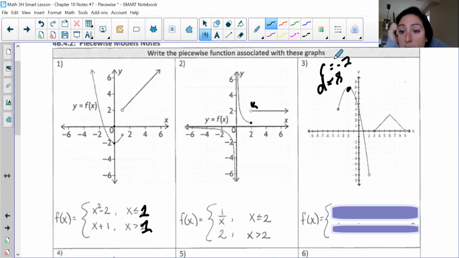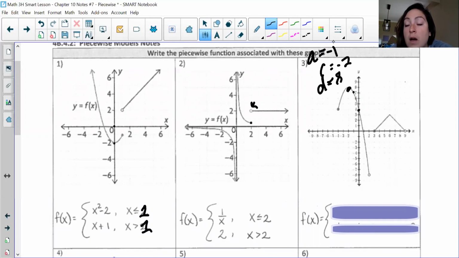And taking a look here, it does not appear that there's any sort of vertical stretch. We still have that down 1, right 1, down 3, right 1 pattern of a normal x squared, but there is a reflection over the x-axis, so we know that our a value is -1.